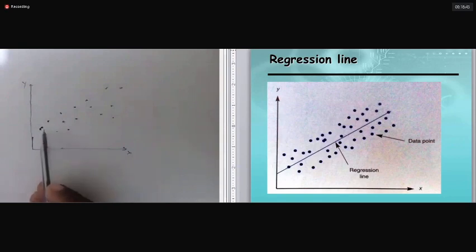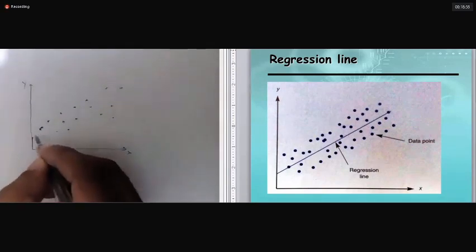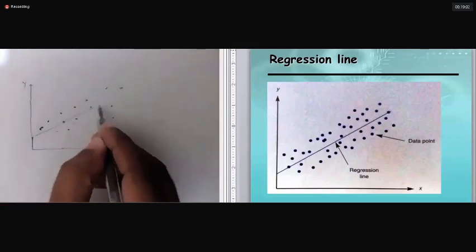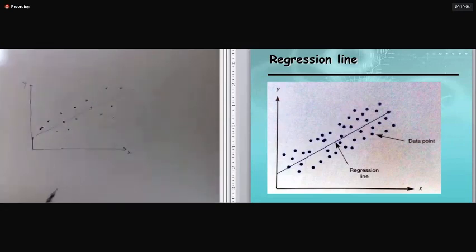So I cannot draw a single straight line to cut all the points. What I can do is draw a line to reasonably represent all the points.